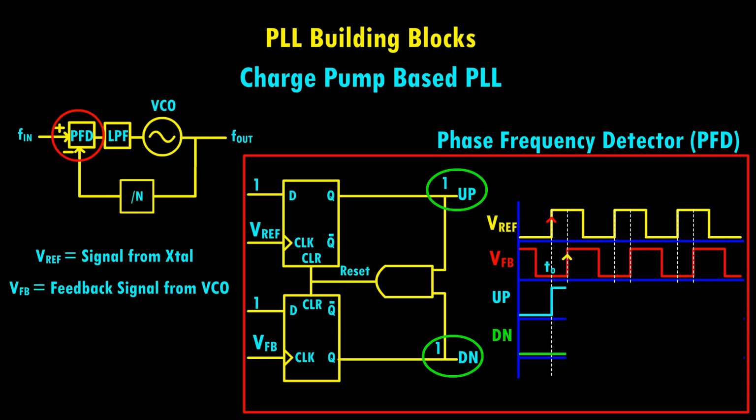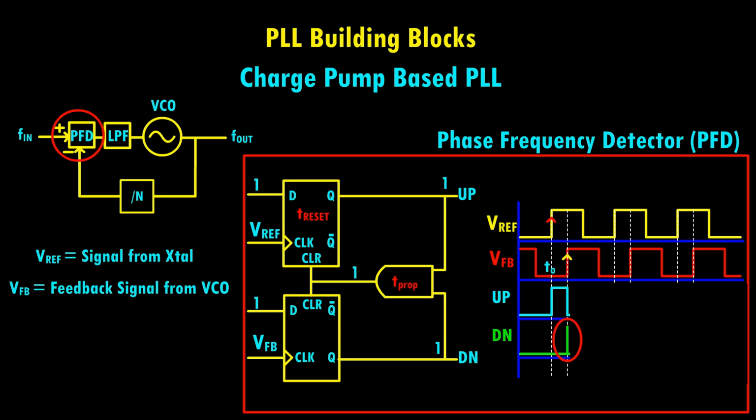Therefore, the AND gate output also goes to logic 1, which triggers a reset for both flip-flops. As a result, both up and down signals return to 0 after a brief delay. This includes the propagation delay of the AND gate and the time required to reset the flip-flop outputs. Consequently, the up signal returns to logic 0 and a brief glitch or spike is observed on the down pulse.